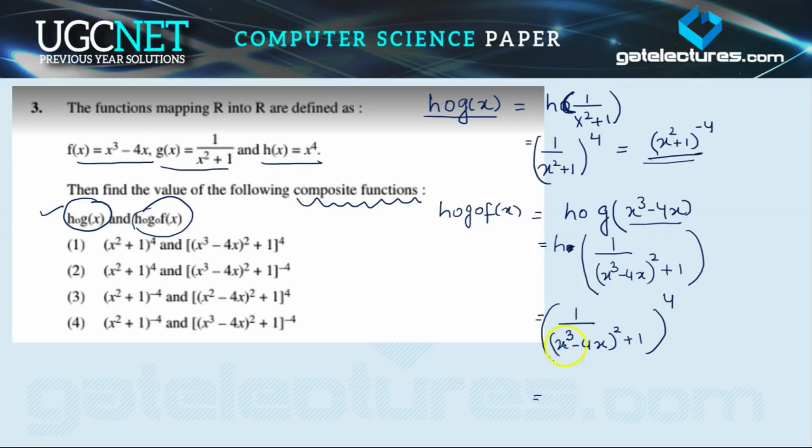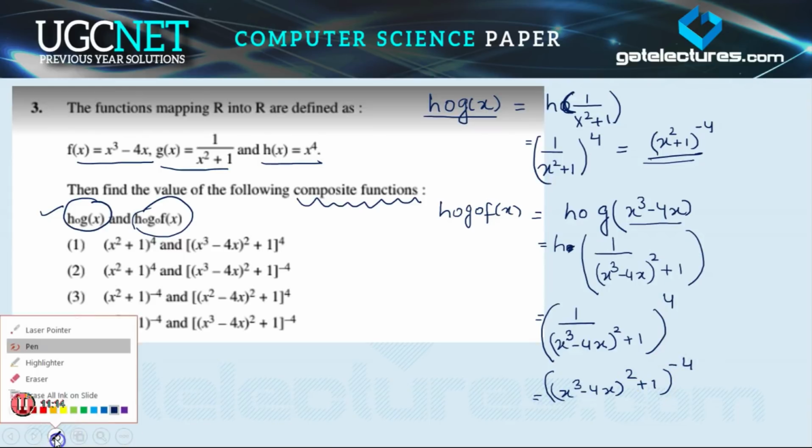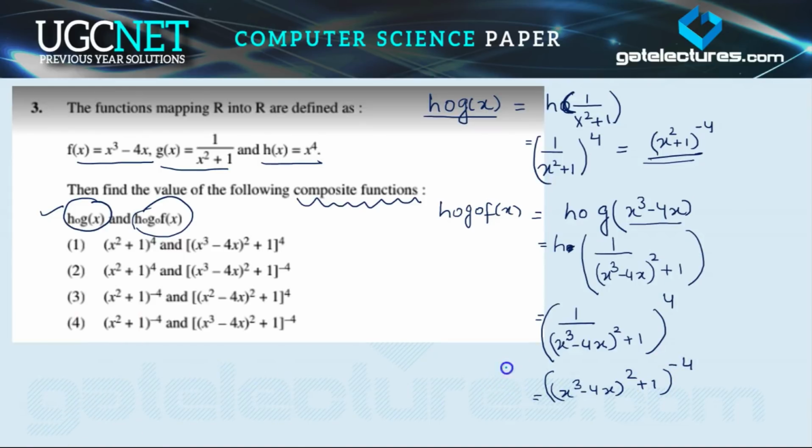Now I want this term in the numerator, so the power is minus 4. So this is the answer for h of g of f of x, and this is the answer for h of g of x.